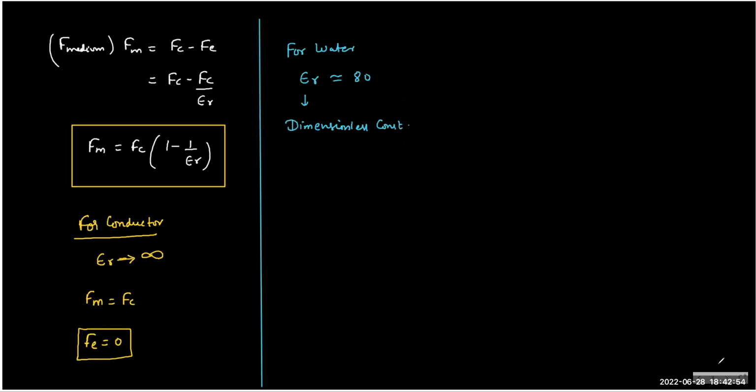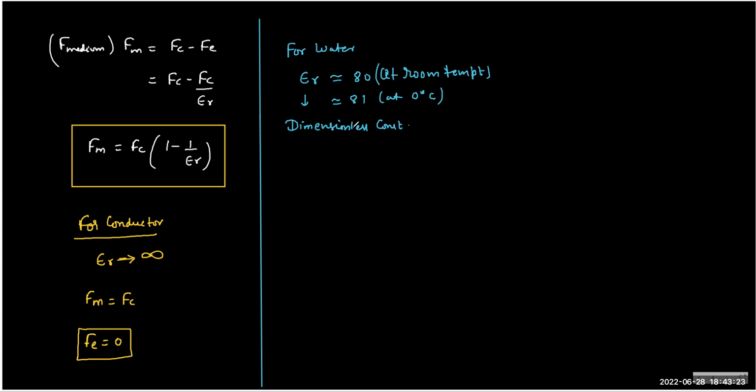Okay. So it may be confusing, but it is a dimensionless constant. Its value is 80 at room temperature, and I think it is 81 at 0 degrees Celsius. Various textbooks refer to various numbers, but it doesn't matter much.